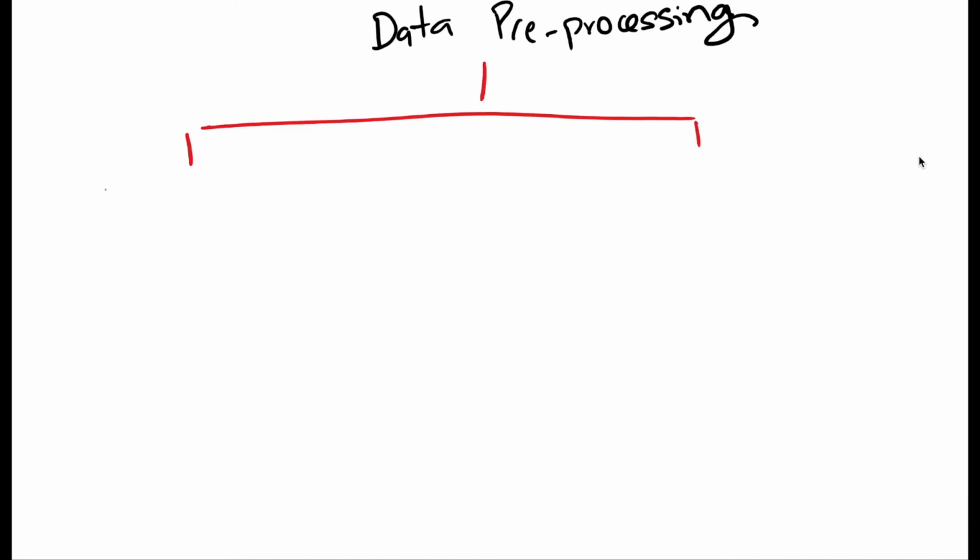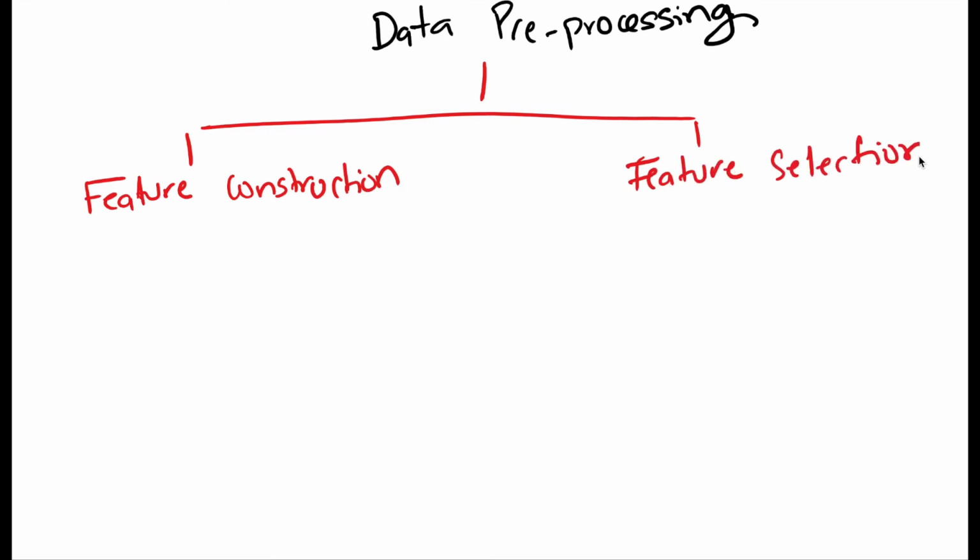The first one is your feature construction. The other one is your feature selection. For feature construction, you can do it through domain knowledge or through aggregations.